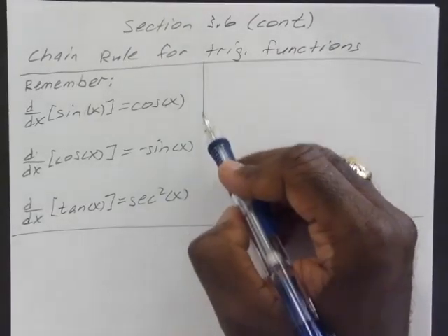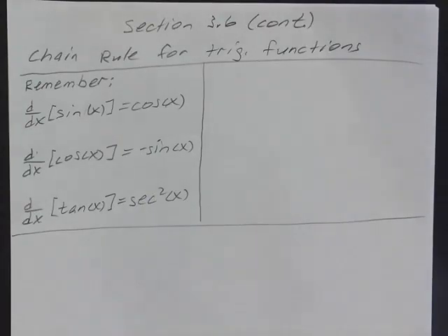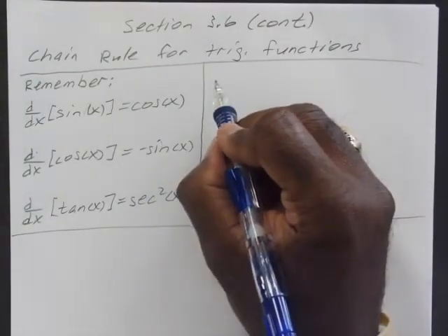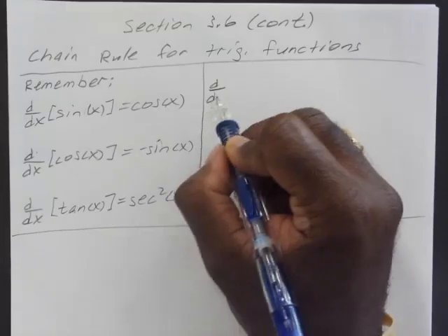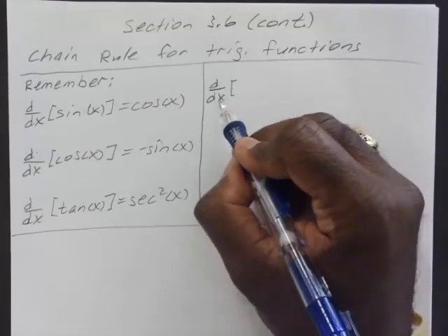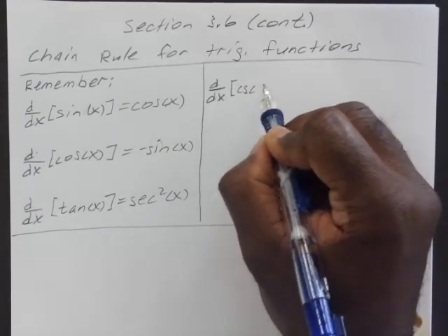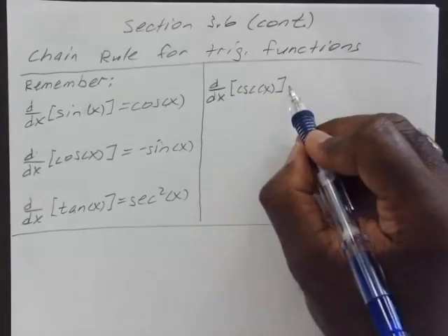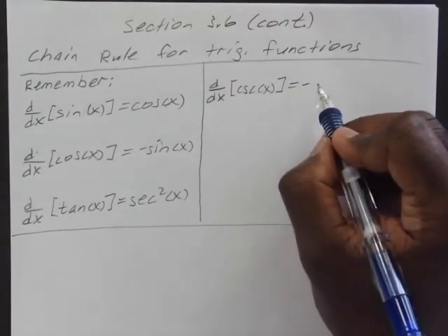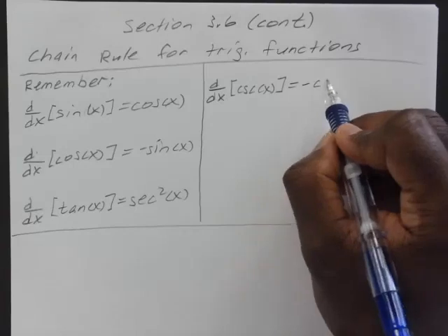And I'll put the other three right next to them. We know the derivative of cosecant is negative cosecant times cotangent.